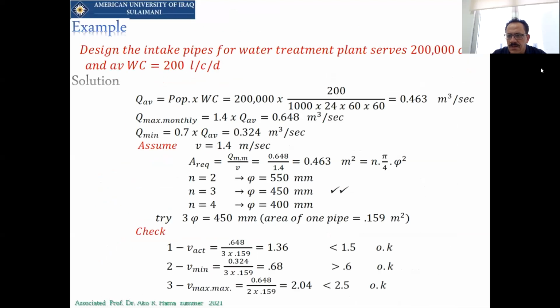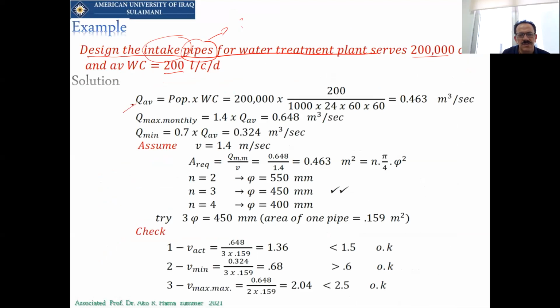It says that we want to design an intake for a water treatment plant that serves 200,000 capita, and the average water consumption is 200 liters per capita per day. The question is how many intake pipes we need.